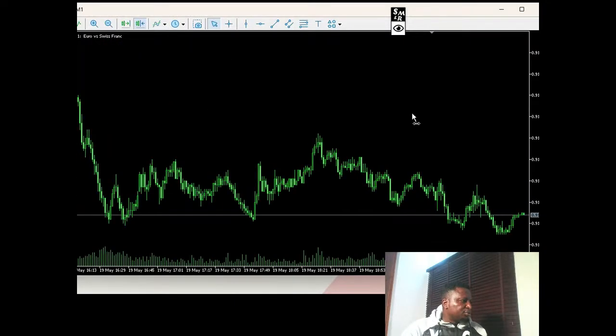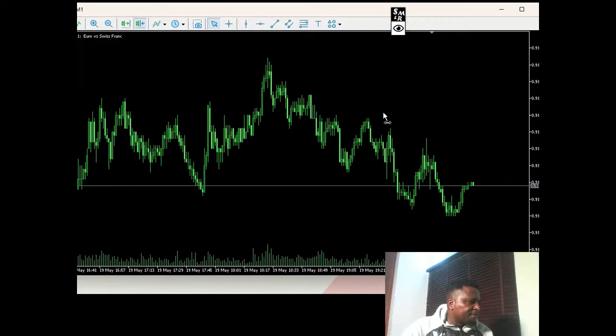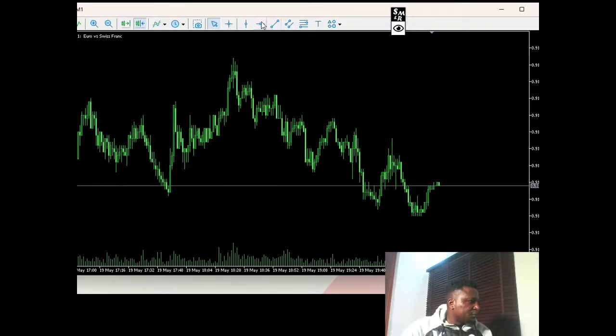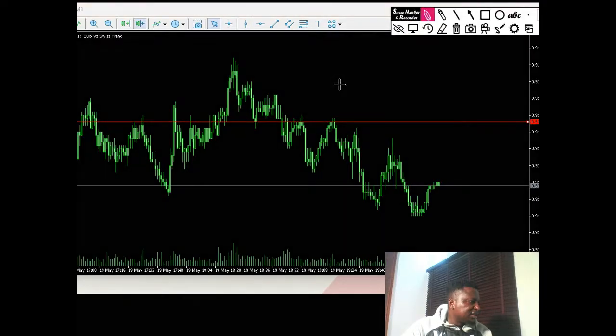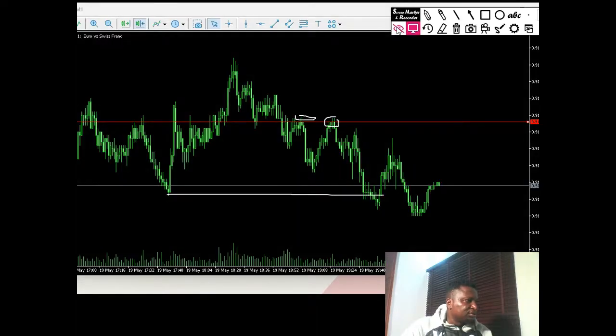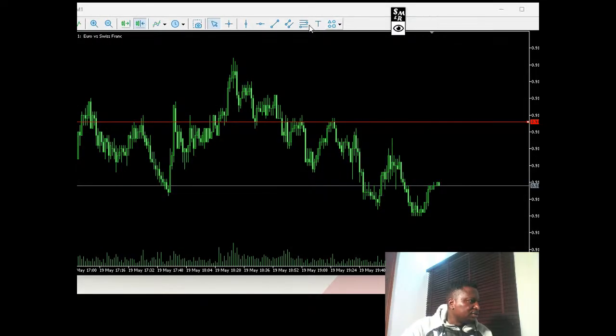So we are playing with this level. There's also a key level here, so let's look at that one too.